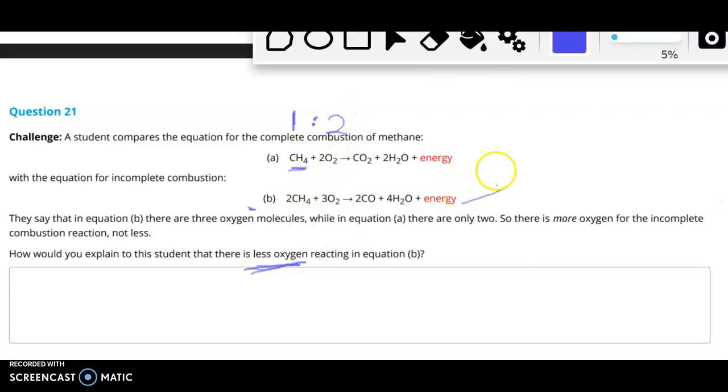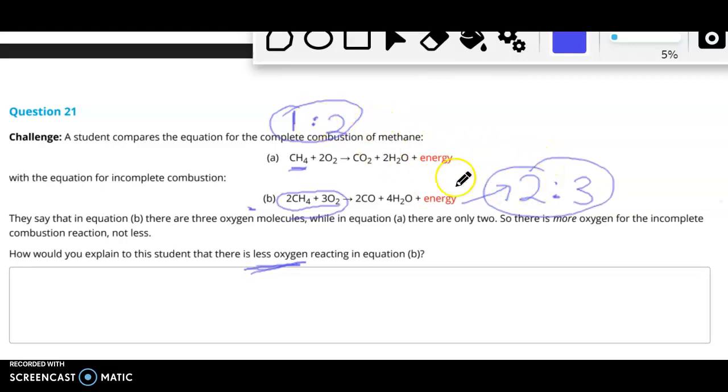This one, though, if you have a look at this, for every two methanes you have, you need three oxygen molecules to work. So then you just compare this with this ratio.